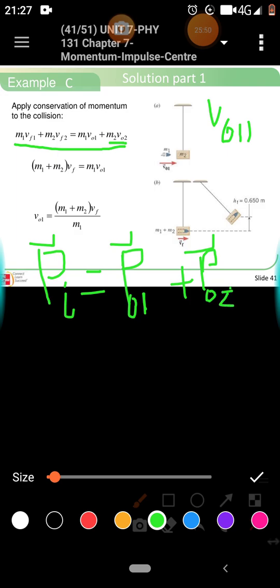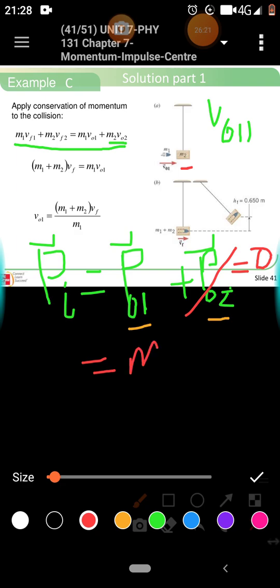So this would be the initial momentum for the bullet, and this will be the initial momentum for the wood. As you can see, because the wood is stationary here, this would be 0, because momentum is mass times velocity.